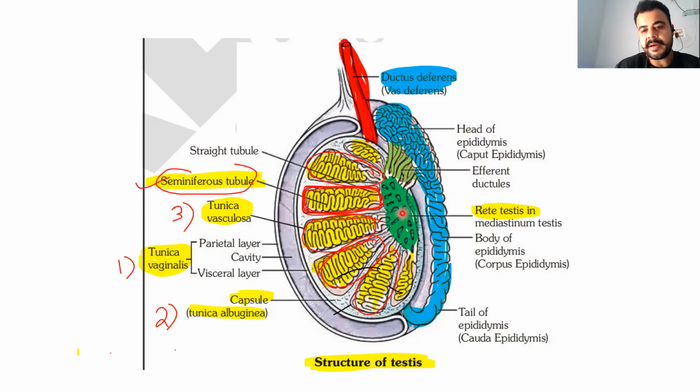This green part where all of this will combine is what we call rete testis, or mediastinum, because it is in between. From rete testis, you see this efferent ductus, that is vasa efferentia.